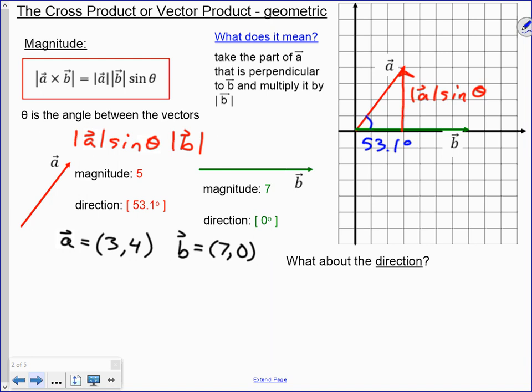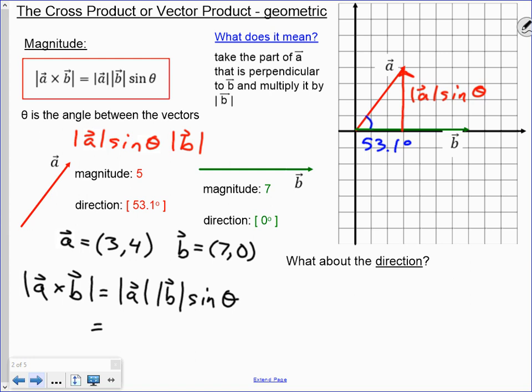So to get the magnitude of our cross product, we take the part of A that is perpendicular to B, so this magnitude A sine theta, and then we multiply it by the magnitude of B, and that gives us the magnitude of our resultant. So with this set of vectors here, the magnitude of A cross B is magnitude A, magnitude B, sine theta.